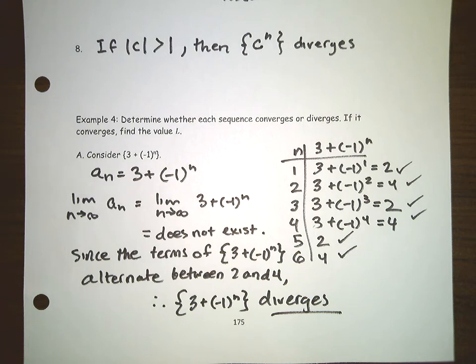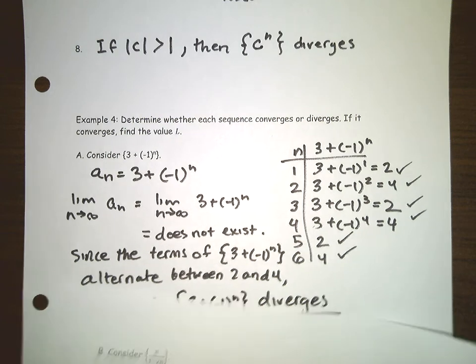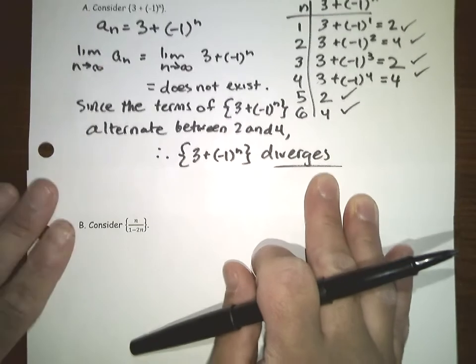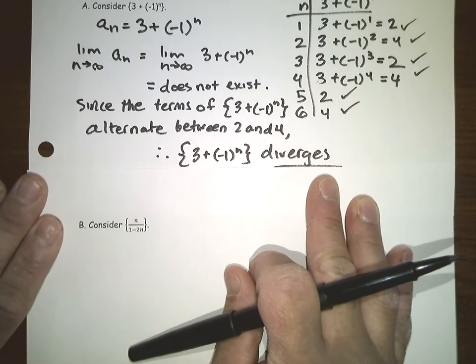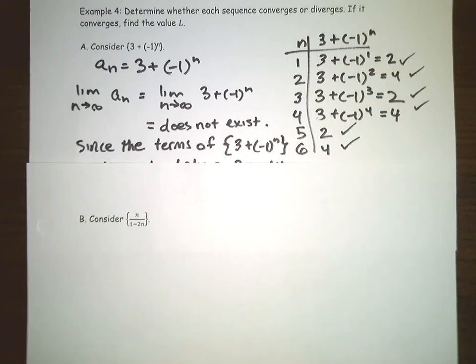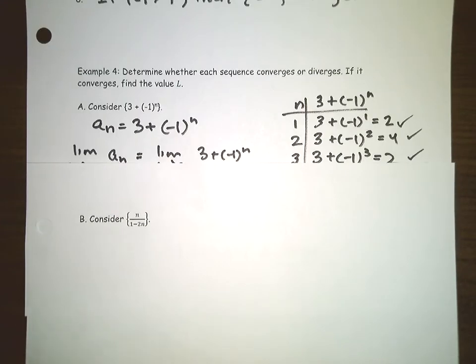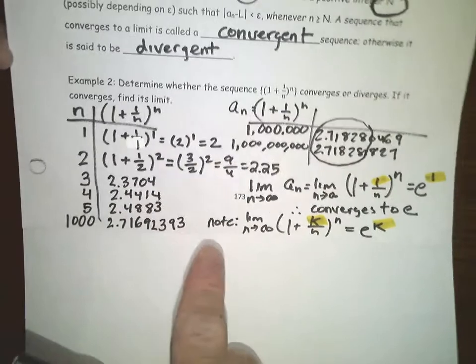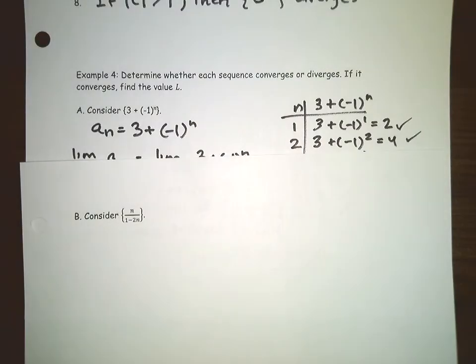All right, so we'll also see other ways in a little while that these sequences might diverge. But if you've noticed, in a couple of cases here, like in this example and the one that had the e in it, I did list out the terms to help me figure out if it is converging or diverging, or give me some idea of what the sequence is doing.